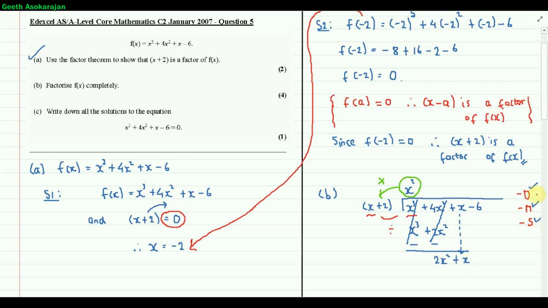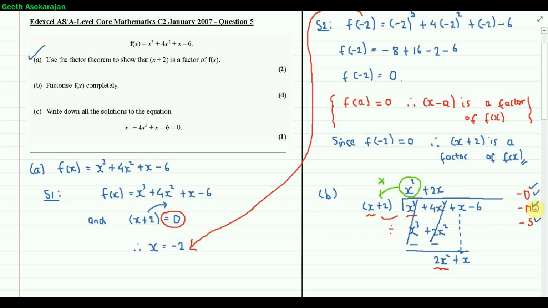The first step is division. As we did earlier, we divide the first term here by the first term here, so 2x squared divided by x. If I pick up my blue pen, 2x squared divided by x is 2x. Whenever you divide, write down the outcome on the top.